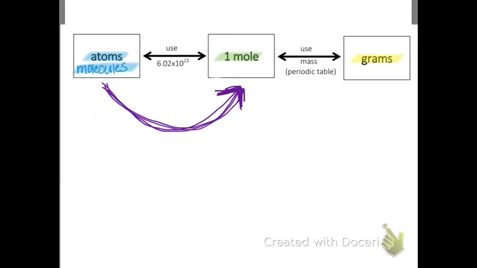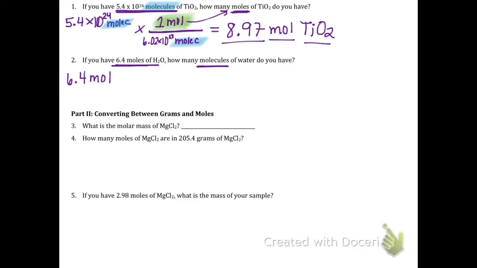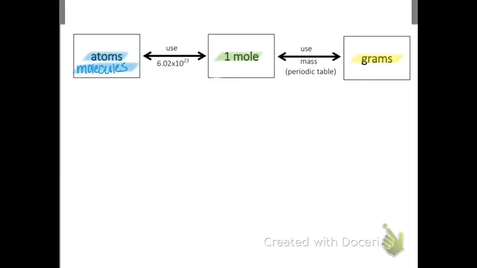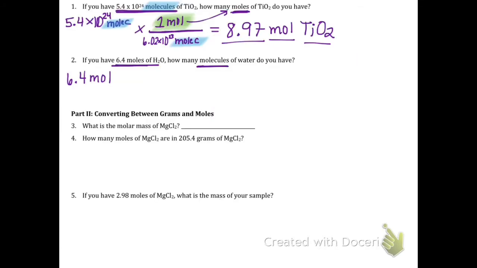So if I look on my map here, let me erase our old map here. And now let's think about where we're going. Moles to molecules. So here, going from moles to molecules. How many steps does that take? Just one. So I'm going to draw one fraction, like this.